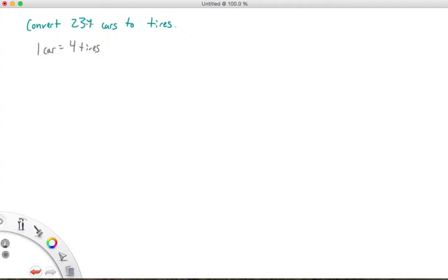So we want to convert cars to tires. The first step, just like before, you take the amount that you're given and you start off with that. So we've got 234 cars. And then you multiply it by something. Believe me, you can set this up different ways. I know you're probably trying to do that right now. But this is the method that will save you in your despair later on in the year when we're trying to convert moles of substance into grams of things, into molecules of things.